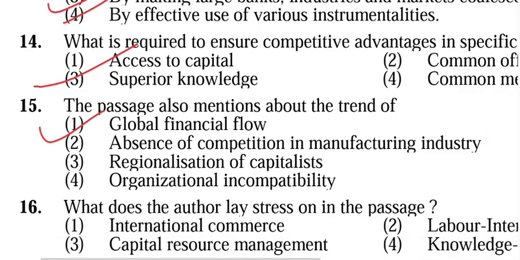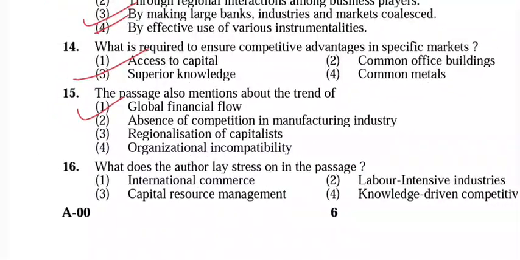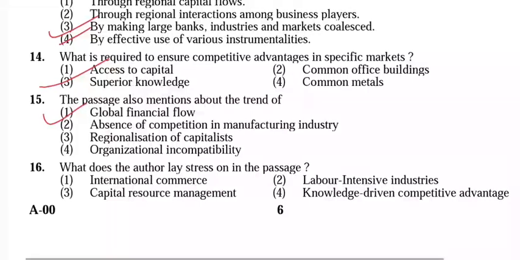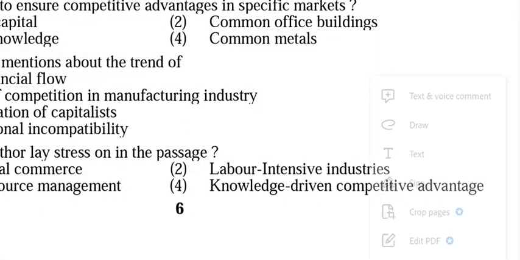But please do your own research. Number 16. What does the author lay stress on in the passage? International commerce, labor-intensive industries, capital resource management, knowledge-driven competitive advantage. So the correct option will be number 4, that is knowledge-driven competitive advantage.